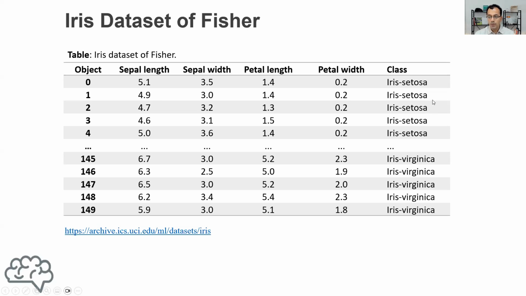And here we have the iris setosa, iris virginica, and iris versicolor that is not being shown here in this sample table. The 4 variables are the sepal length, the sepal width, the petal length, and the petal width. Here is the link if you want to download or if you want to have a look at this data set. You can find it here at the University of California at Irvine Data Repository.